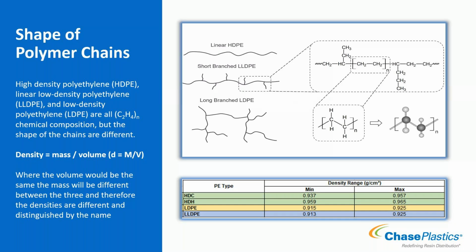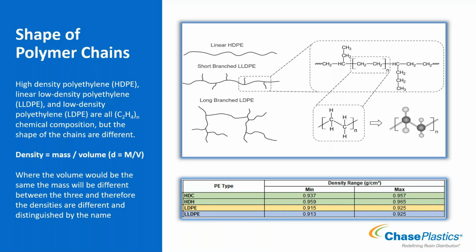If you compare the actual density of these materials, a pretty standard range for your high density is between 0.937-ish to 0.96, versus your low density, which is in the 0.91 to 0.92 range. So again, exact same chemistry, your CH2 groups, two of them, but whether it branches or not, the shape of those chains is dictating its density as well as some of its performance.